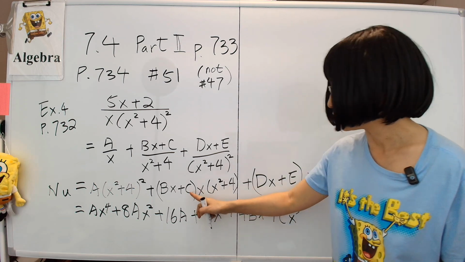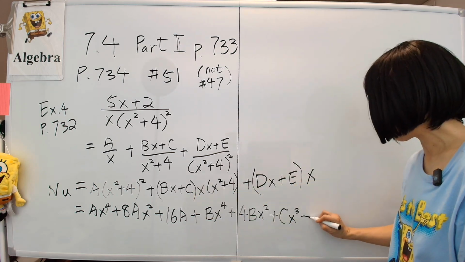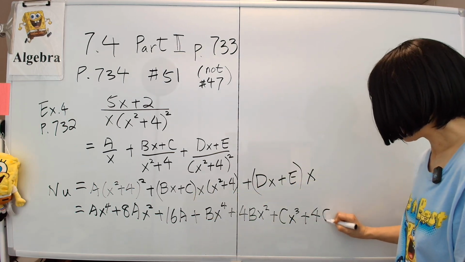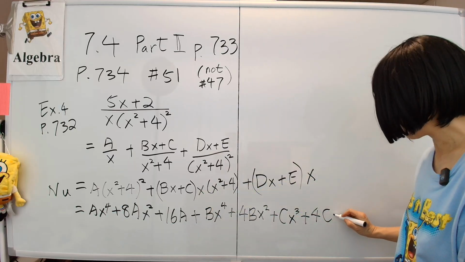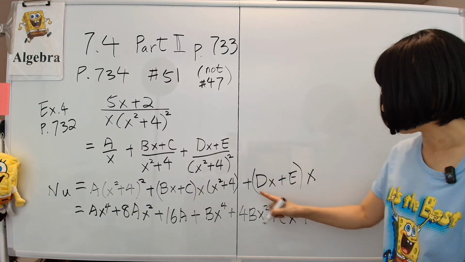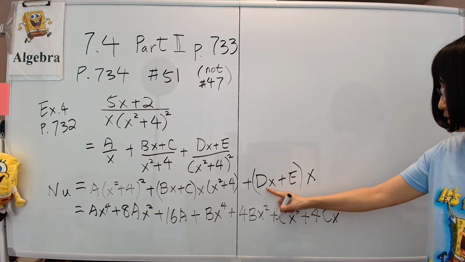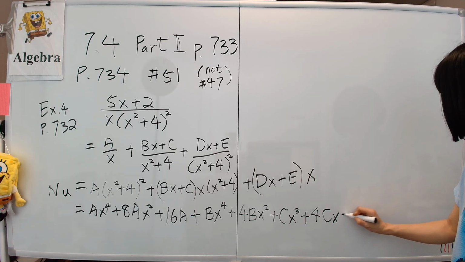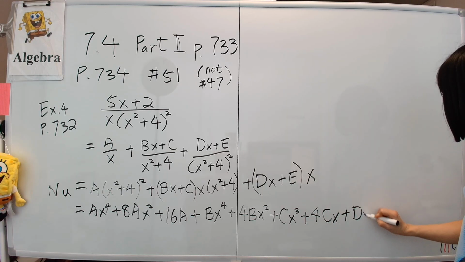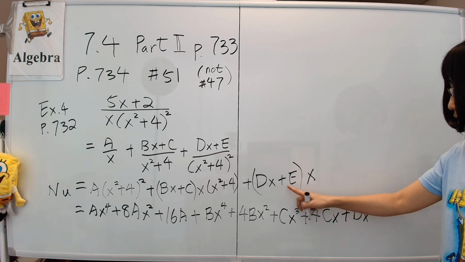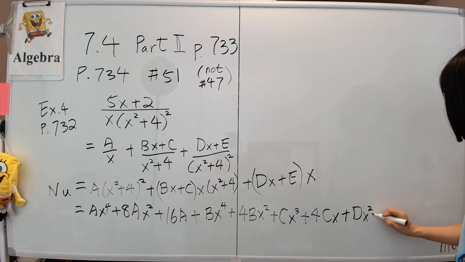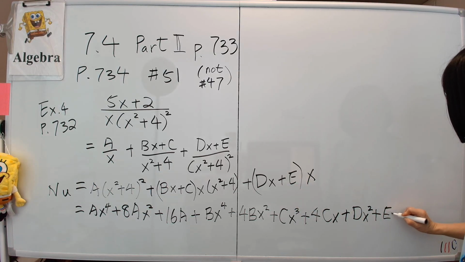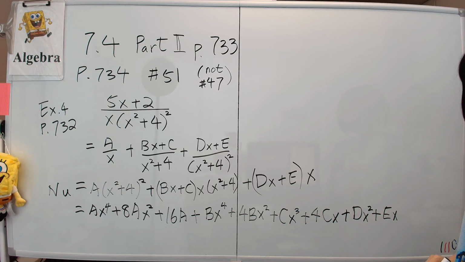Finally, c times 4 is 4c, with an x multiplied to it. Next, dx times x is d times x squared, and e times x is ex. That is a big long thing, but it includes all of it.